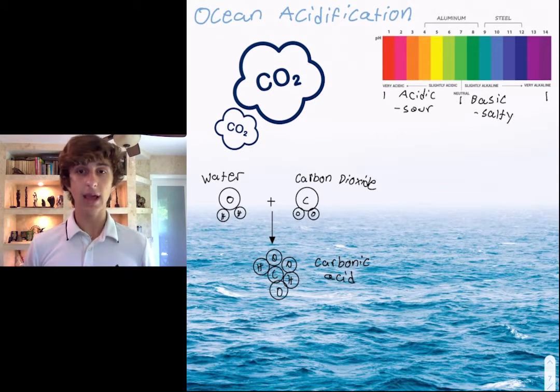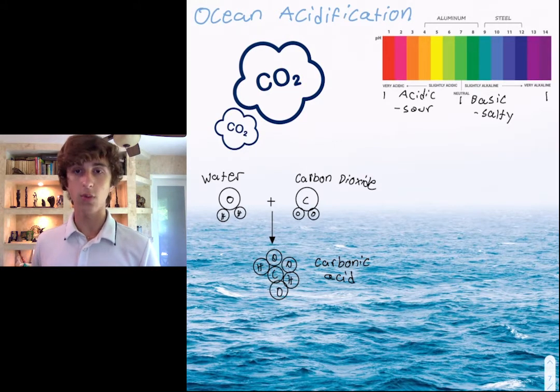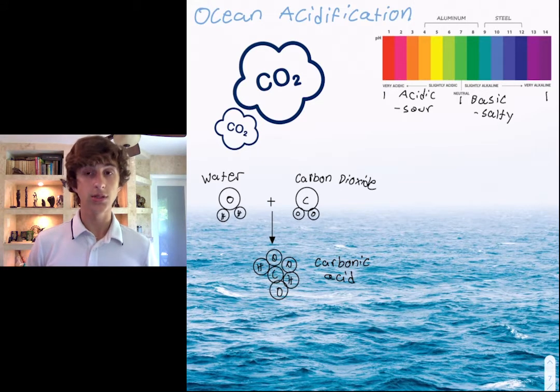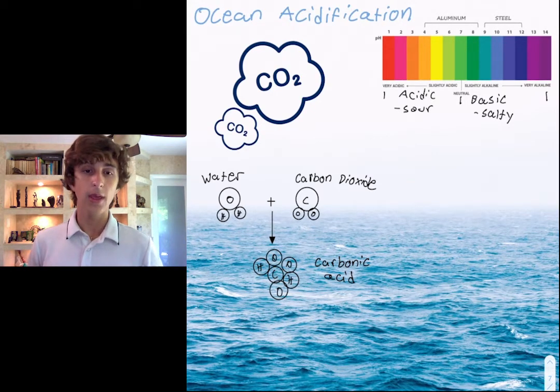Now, that carbonic acid is much more acidic than salt water is on the pH scale, because normally ocean water will sit around 8 pH. So it is slightly basic, which means it's salty, right?